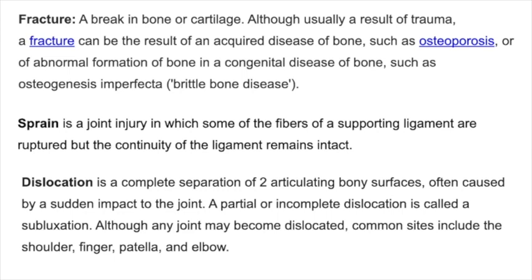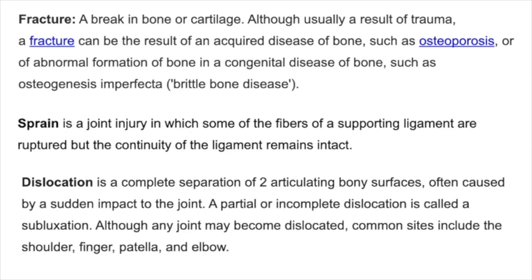Now we have also dislocation. Dislocation is a complete separation of two articulating bony surfaces, often caused by a sudden impact to the joint. A partial or incomplete dislocation is called a subluxation.